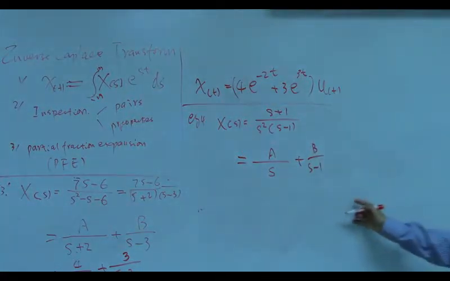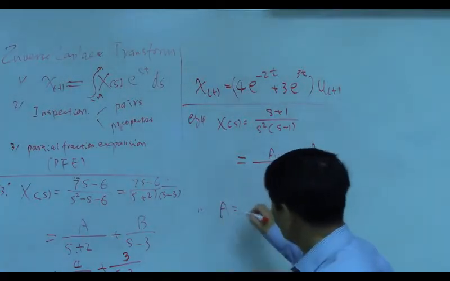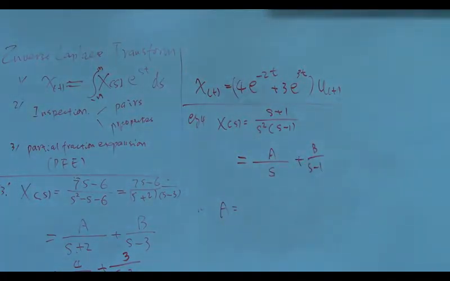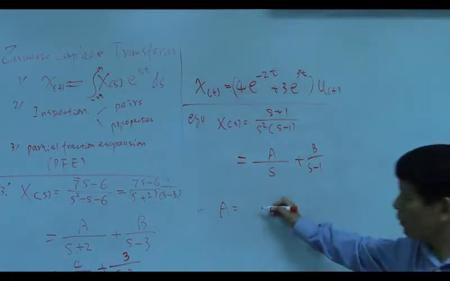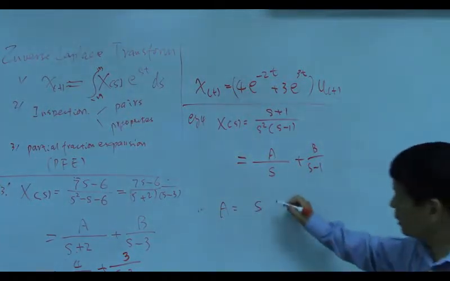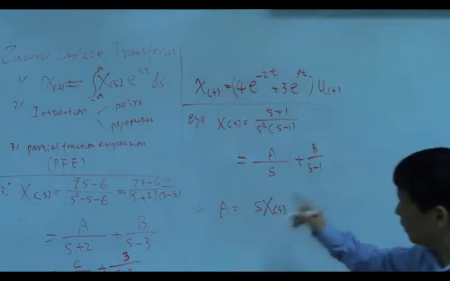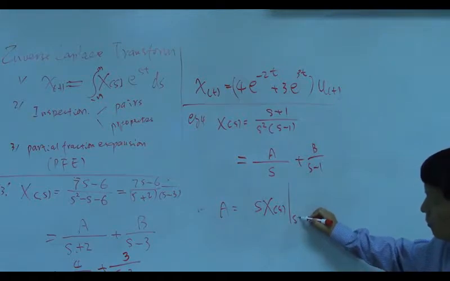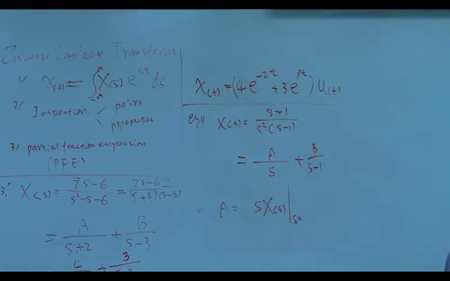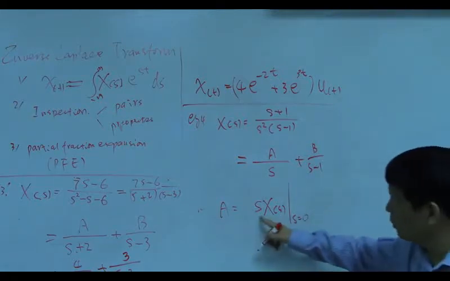Right, now let's do it. What is A? The formula is, this one is s here, right? So I'm going to use s here, multiply by X(s), and make s equal what? 0, yes, because we want to make this s equal to 0.